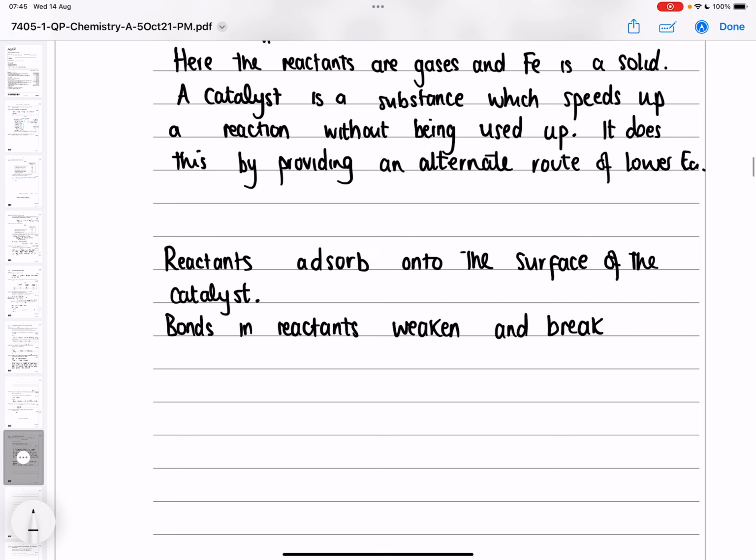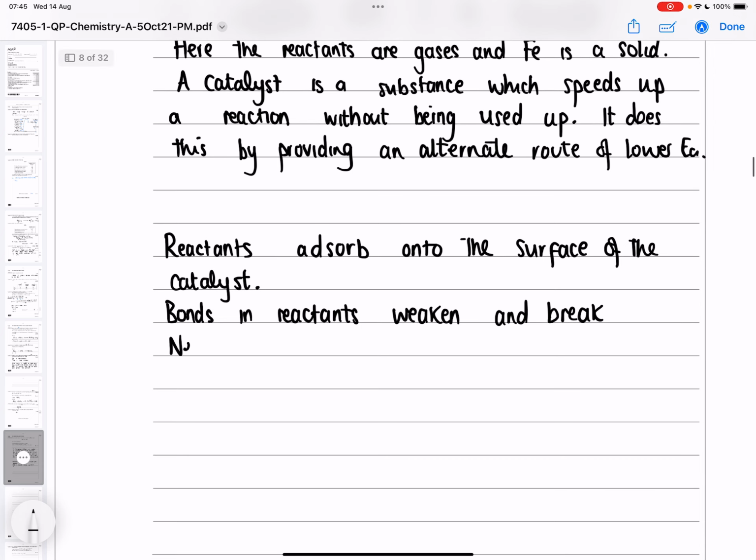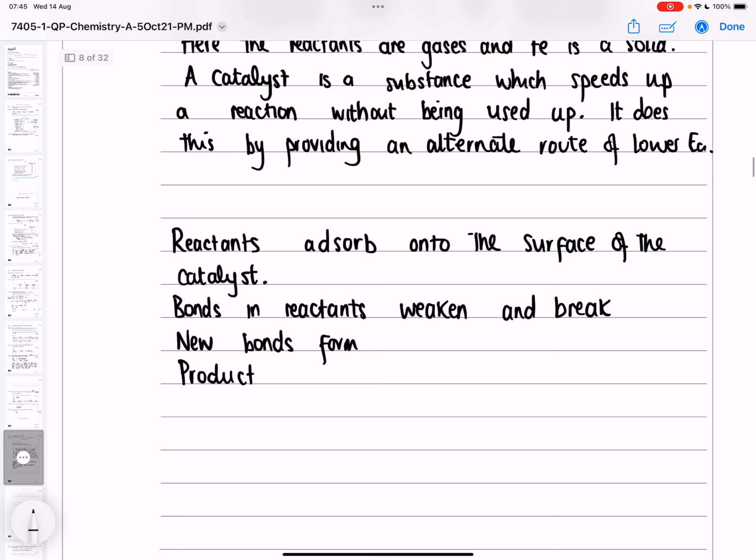So it lowers the activation energy because it lowers the minimum energy required to start the reaction by breaking the bonds. New bonds form, so that's the products, and the products desorb, leave, from the catalyst surface.